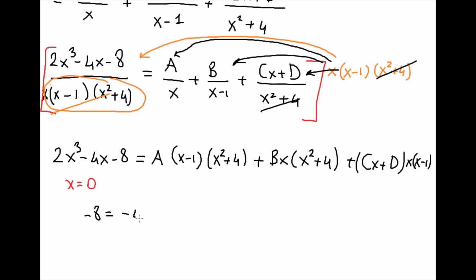It will be negative 4A here, plus Bx times x squared plus 4 will be 0, because 0 times B completely goes to 0. And Cx becomes 0. This x is 0, so everything is 0 here. So plus 0 plus 0. From this equation we can solve for A. Divide both sides by negative 4, so A is equal to 2.